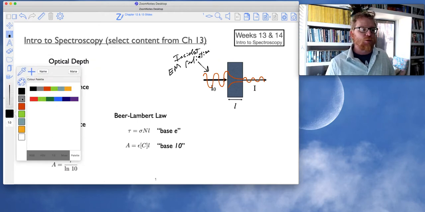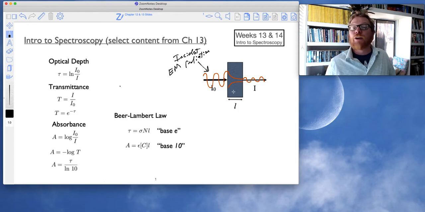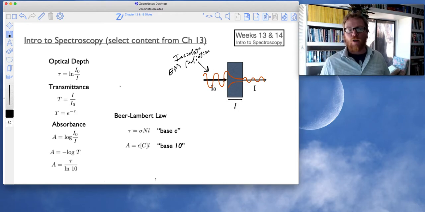So this is why we typically look at low concentrations in spectroscopy, so we can make sure our incident radiation comes through so that we can detect it.